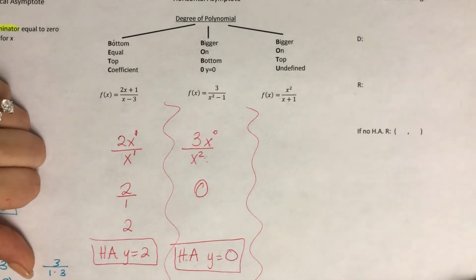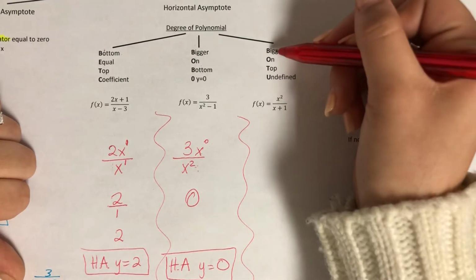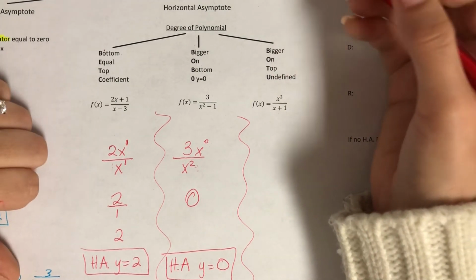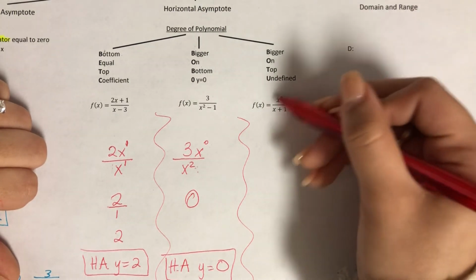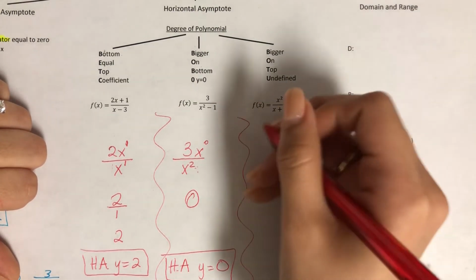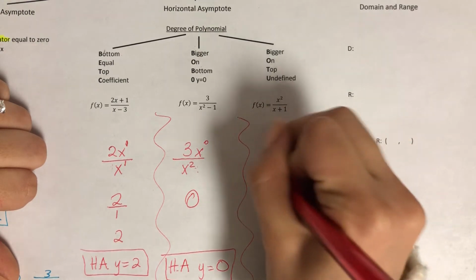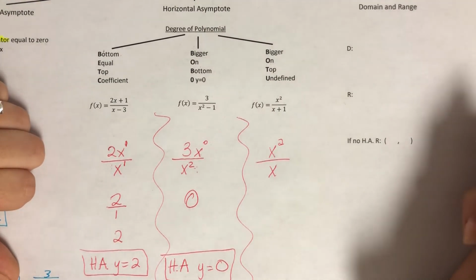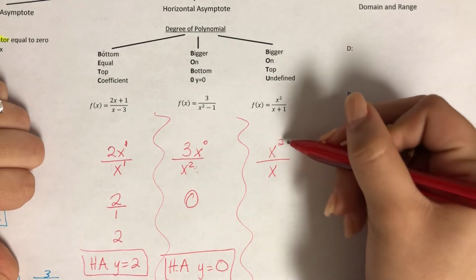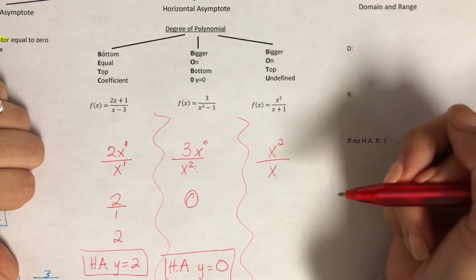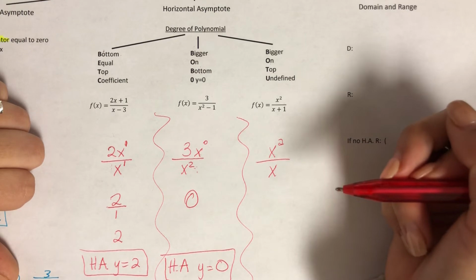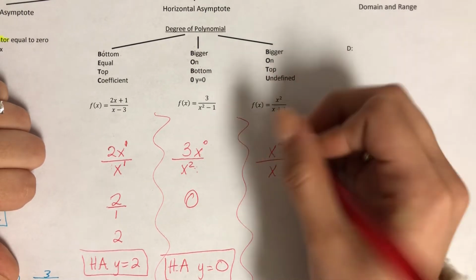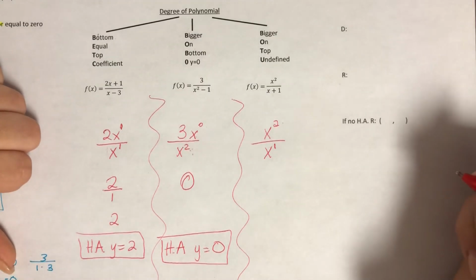And then the last example is Bo2, bigger on top. That means it is undefined. Let's take a look at our leading variables. In the numerator on top, we have x squared, and in the bottom, we have x. We can see which degree is bigger: the numerator one, the top one, because 2 is bigger than 1.